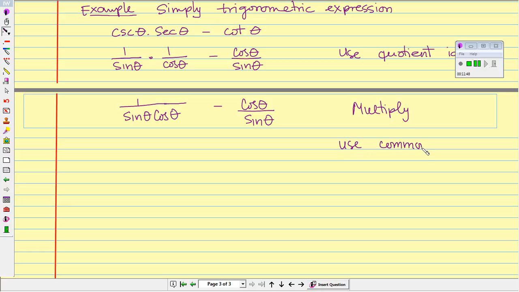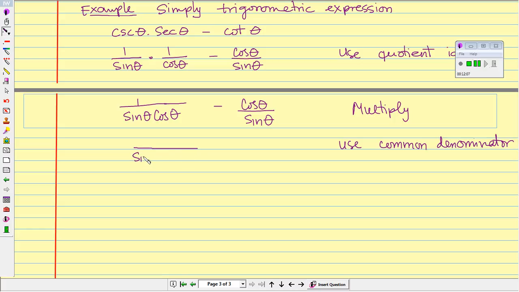Now we need to use a common denominator to rewrite the fraction. Our common denominator will be sine times cosine.